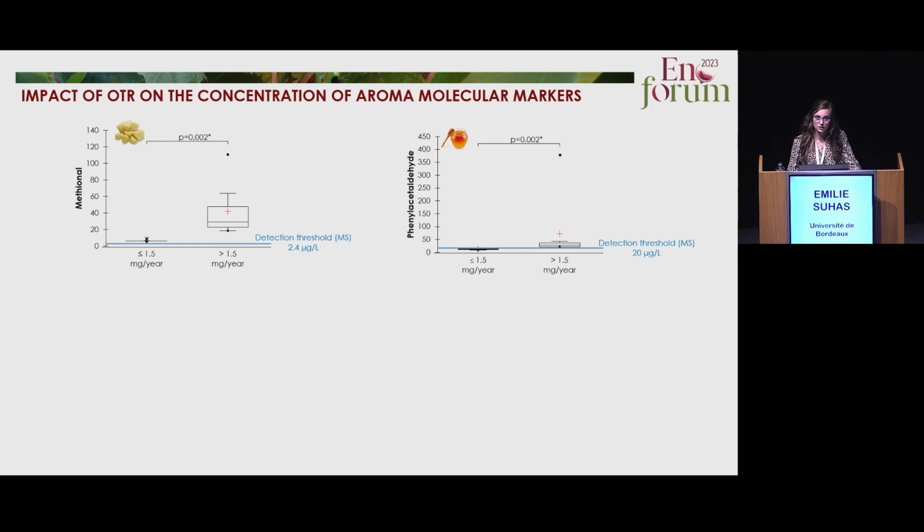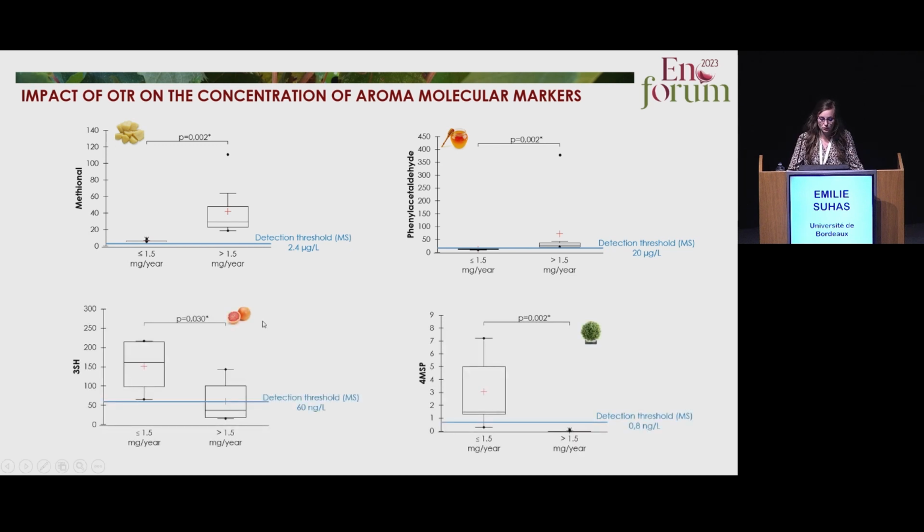For methional and acetaldehyde, when permeability to oxygen is low, these molecules are present at concentrations that are close or lower than the detection threshold. When, on the other hand, you are at levels above the perception threshold, the detection threshold, they will contribute to the sensation of oxidative defects, flaws.